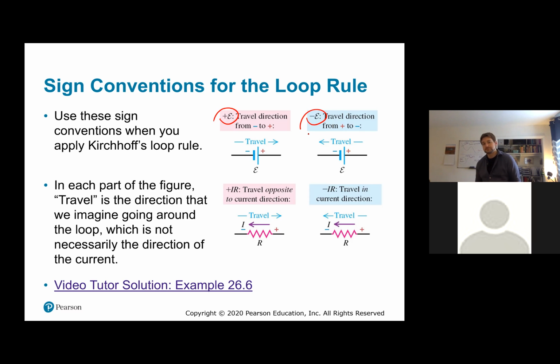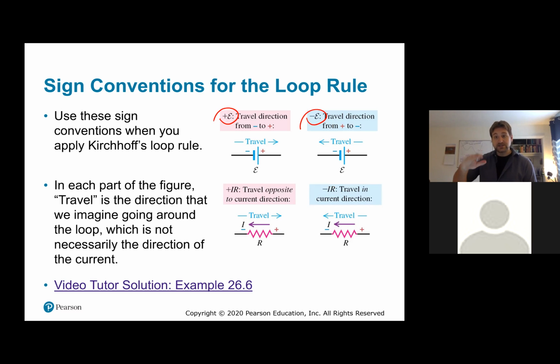If we are traveling through a resistor in the same direction as the current, we spend energy to do that. The electric field set up in the wire created by the EMF does work to move current through a resistor.